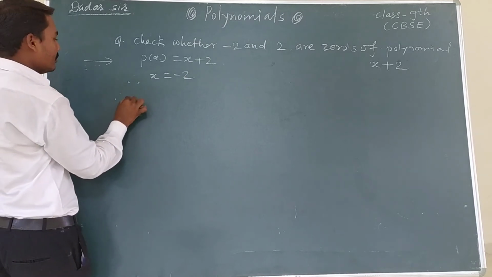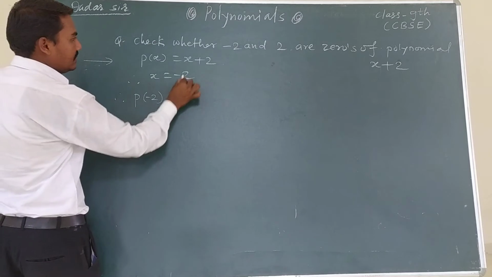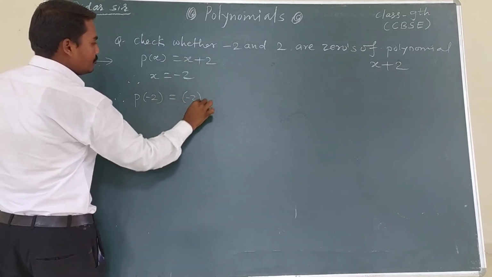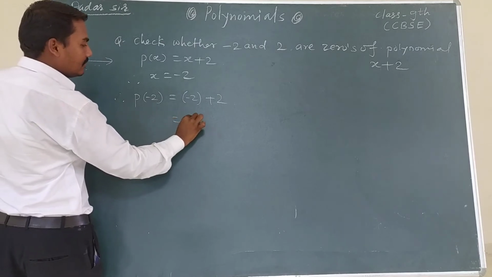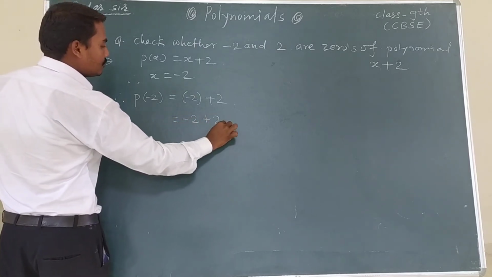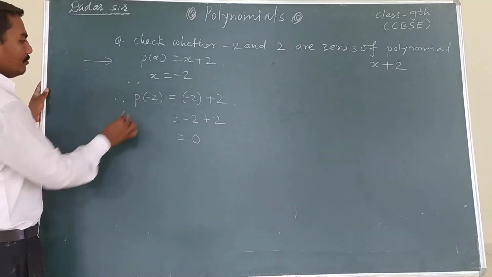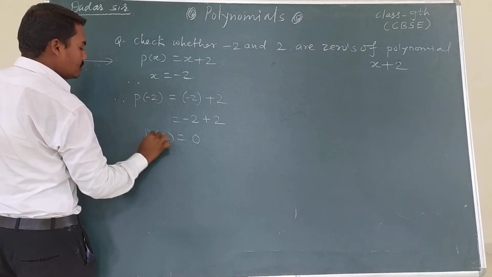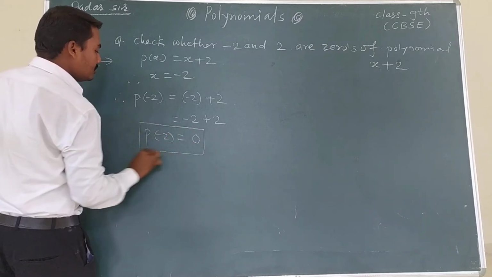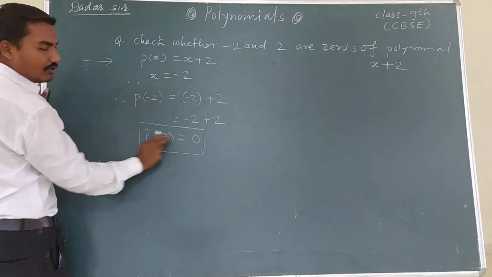So P of minus 2 becomes minus 2 plus 2. I want to remove the bracket, minus 2 as it is plus 2. So minus 2 plus 2 is 0. So P of minus 2 becomes 0, and for minus 2 this polynomial becomes 0.